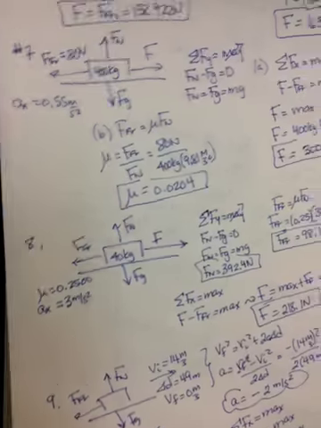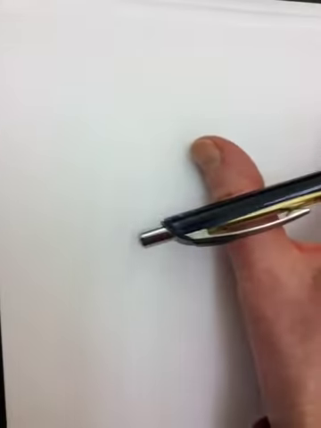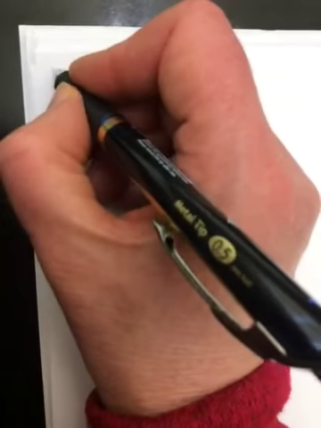Number 10. A 20-kilogram box is being pulled across a level floor with a force of 120 newtons acting upward at an angle. So finally, we get to some angles.